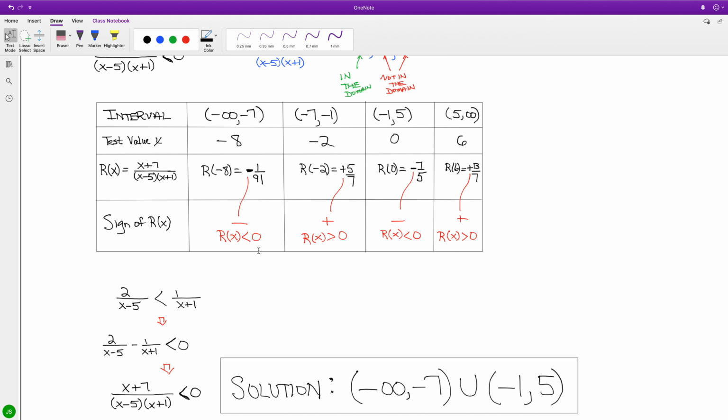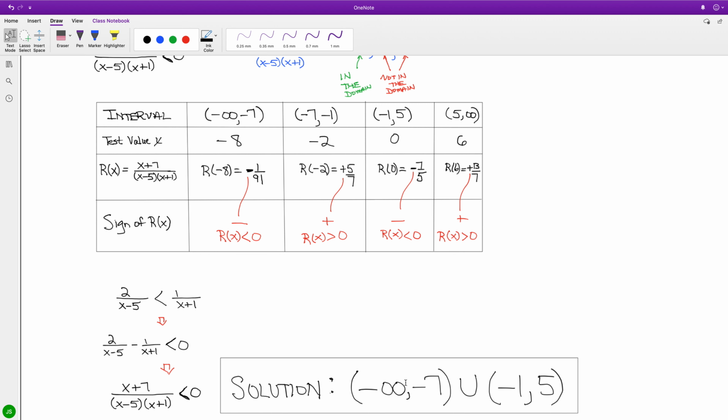So we want r of x less than 0, and that feature is in both the first and the third subinterval sections. So where r of x is less than 0, we have those values of x less than -7, and also those values of x greater than -1 and less than 5.